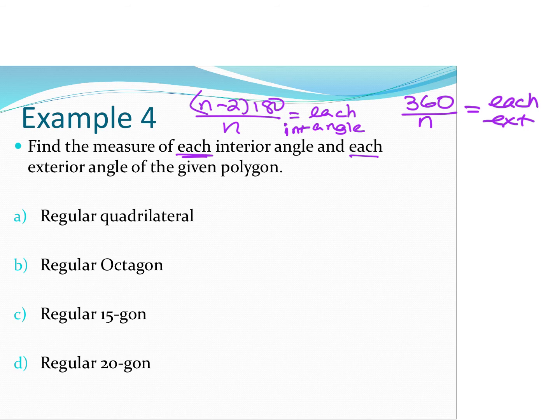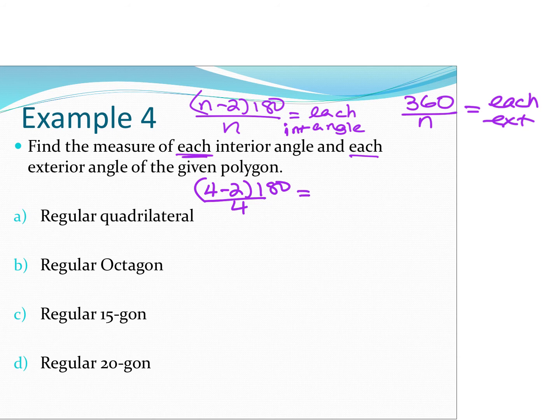So for the first one, it's a regular quadrilateral. Now you could also use that corollary, and if you know that the sum of the interior angles of a quadrilateral are 360, you could just divide it by 4. But let me officially show you going through the formula. So I'm doing n minus 2. So my n is a quadrilateral, so it's 4. I'm going to divide it by 4.